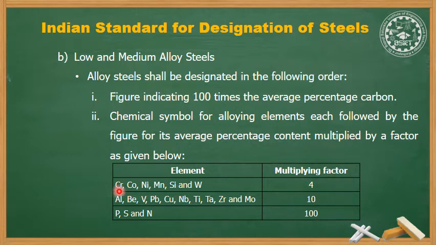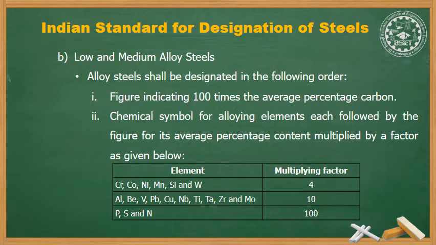For example, chromium, cobalt, nickel, manganese, silicon and tungsten have a multiplying factor of 4. Aluminium, beryllium, vanadium, lead, copper, niobium, titanium, zirconium and molybdenum have a multiplying factor of 10, and phosphorus, sulfur and nitrogen have a multiplying factor of 100.